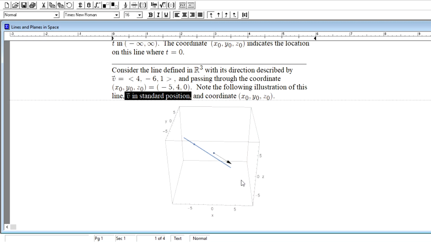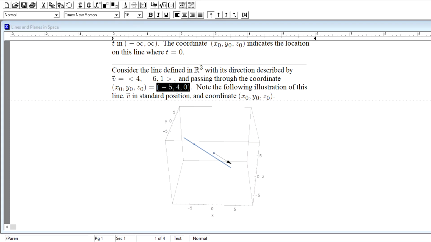All we need to define this line in this space is to know what direction it moves in, which is described by the vector v bar, and to denote what point it happens to pass through, this location -5, 4, 0 in value. As for defining this line in this space, we are going to use this description of its direction and the information about this point that it is passing through.